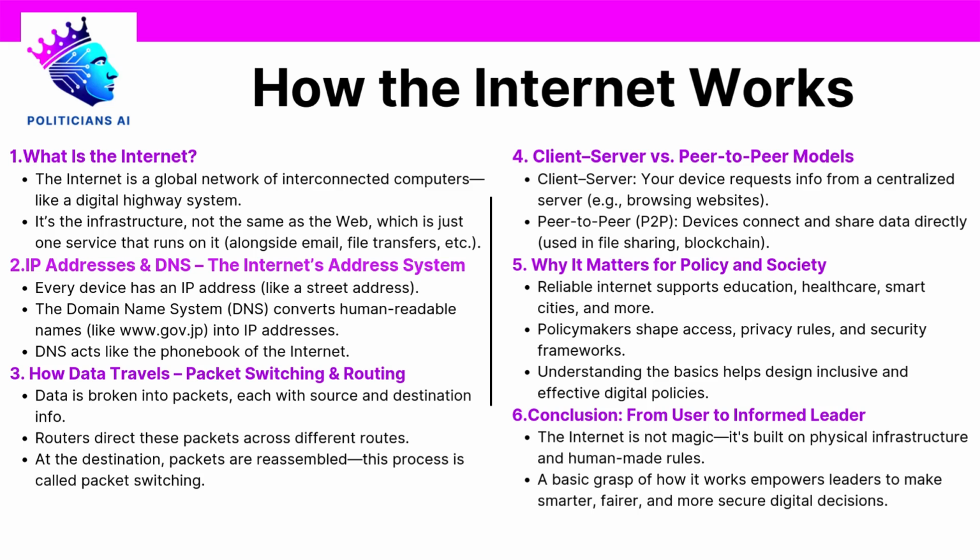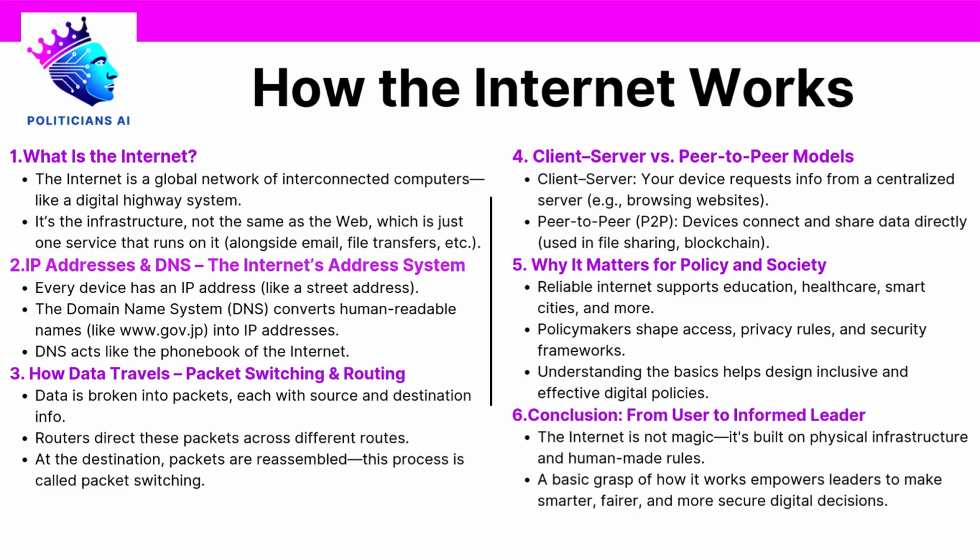Let's now talk about how information travels across the Internet. When you visit a website or send a message, your data doesn't travel as one giant file. Instead, it's broken into small chunks called packets. Each packet contains a piece of your data, along with your IP address as the source and the destination IP address for where it's going.